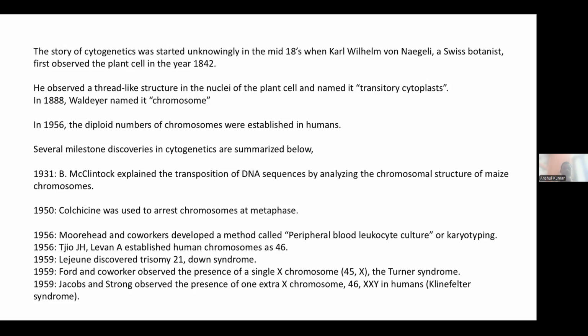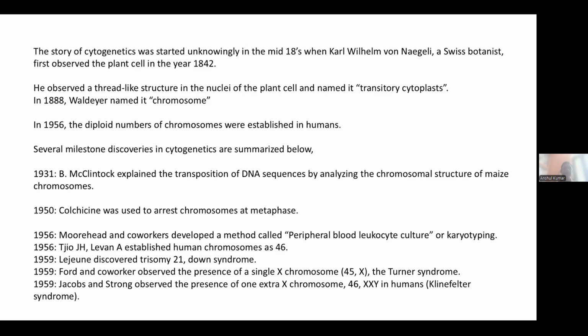There had been different views regarding exactly how many chromosomes there are, but in 1956 it was established that there are a total of 23 pairs of chromosomes, of which 22 are autosomal and one pair is sex chromosomes.